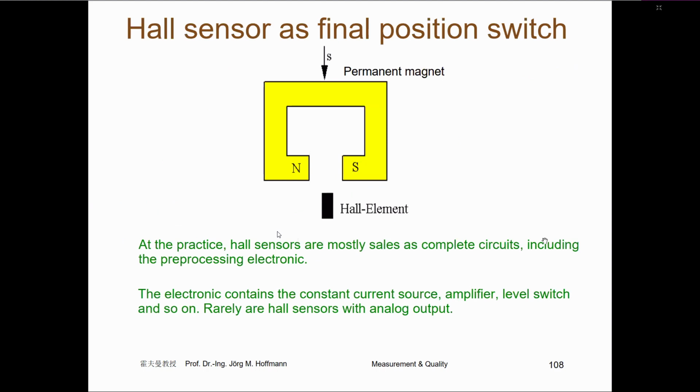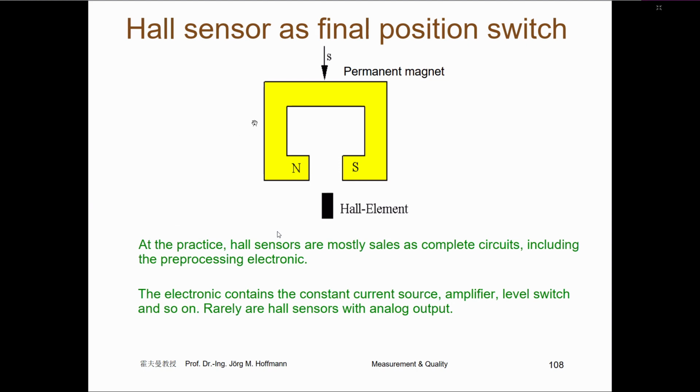When you would like to measure a position with a Hall element, then it is important that you have a strong increase or decrease of the magnetic field.